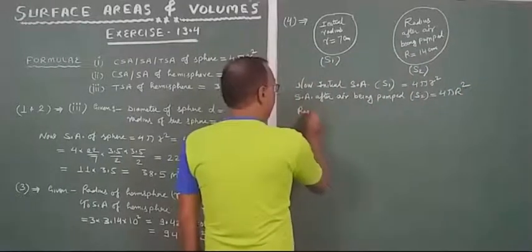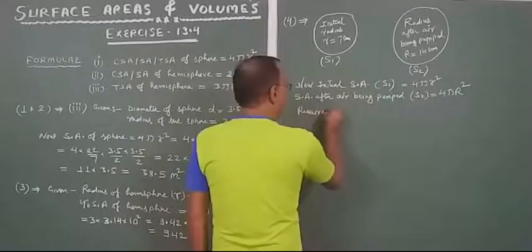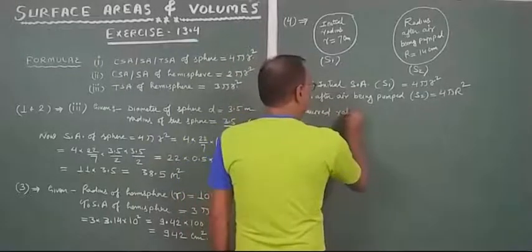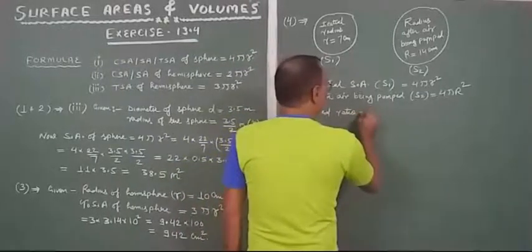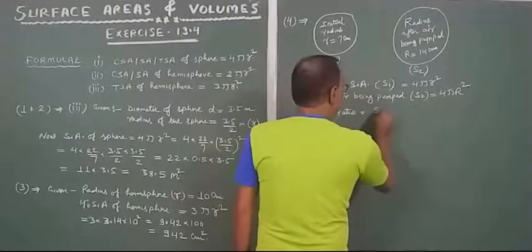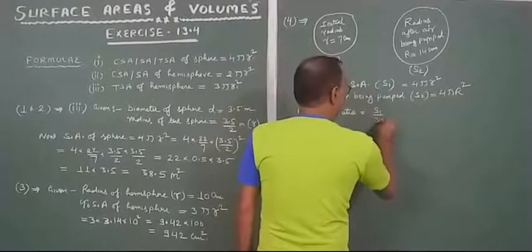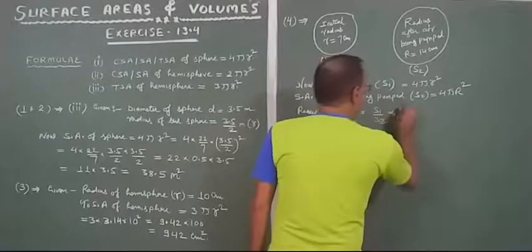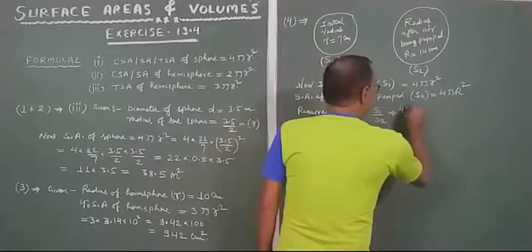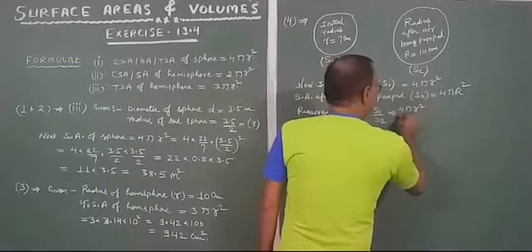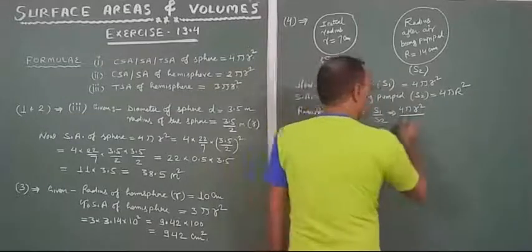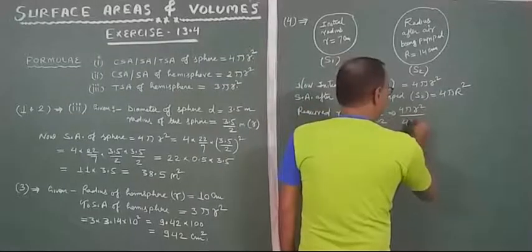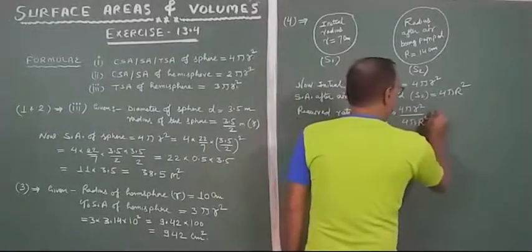Now the required ratio S1 upon S2 will be given by 4 pi r square upon 4 pi into capital R square.